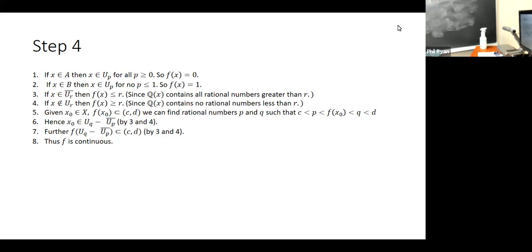And further, the image of this has to lie within this interval (c, d) here, because p and q are between c and d, again by 3 and 4. And that's all we need to do to show that f is continuous.